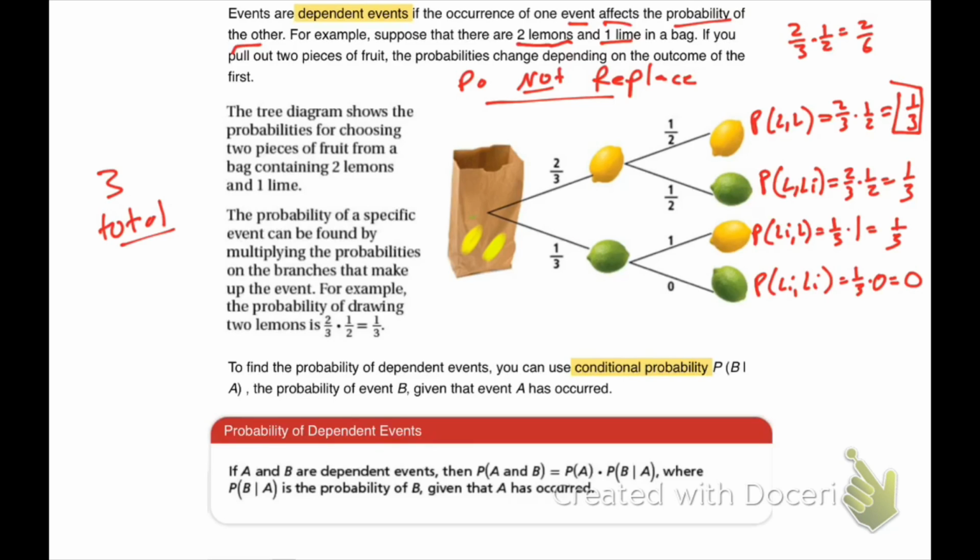Now what we were doing, and I didn't really say anything about it, but in order to find the probability of dependent events, we were using conditional probability. So conditional probability is where you have P of B given that A occurs.